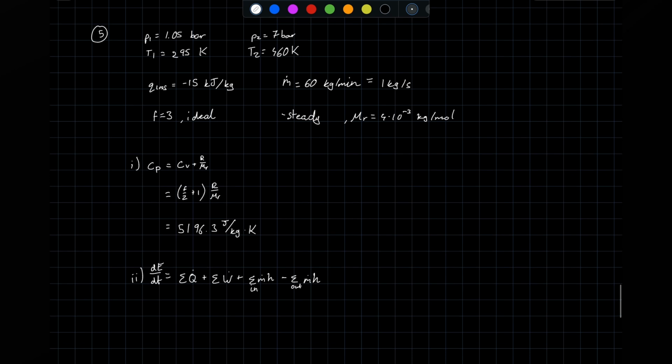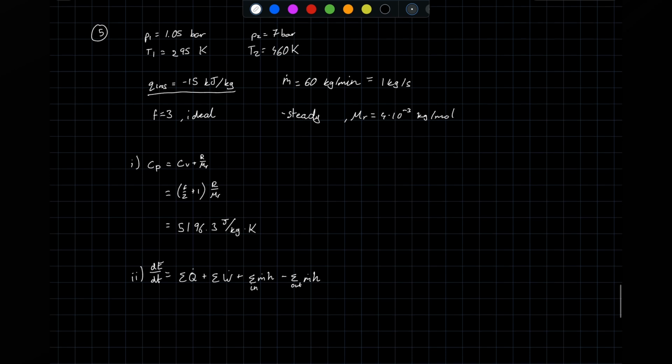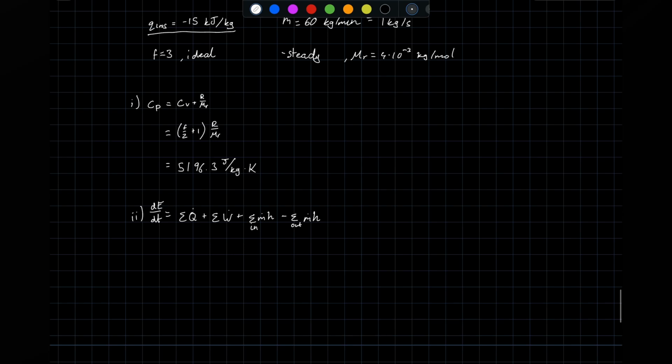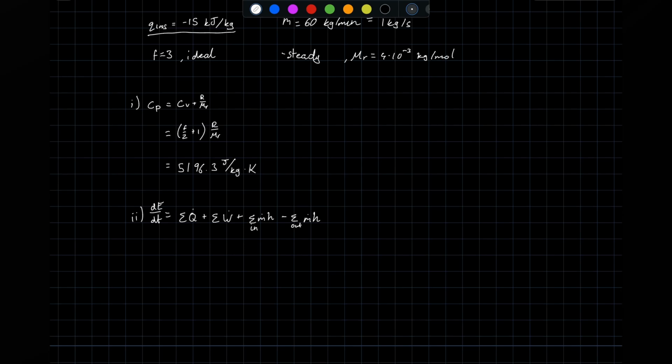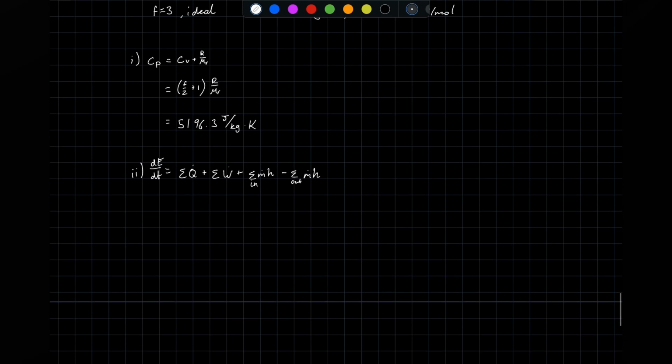So we were given here our Q in energy per unit mass, so in this case kilograms. So let's go ahead and work with that. So steady state means that energy is not changing, so it's 0.